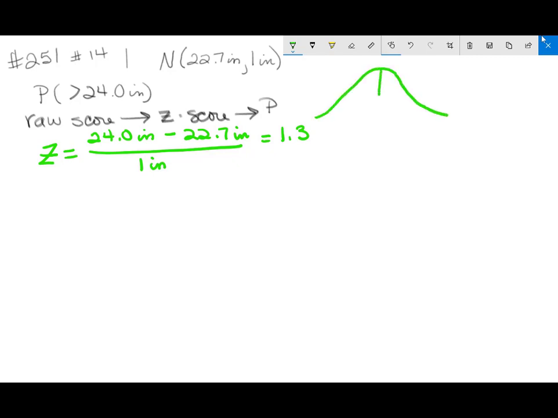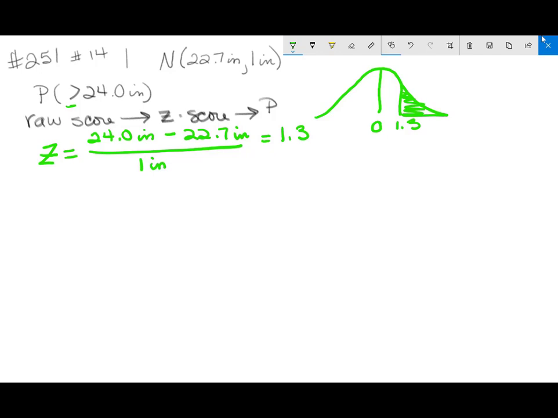Now I'm going to draw my distribution. For the z-score, the mean is 0, and 1.3 is going to be above that. They wanted to know greater than, so I want the area above 1.3. I'm going to go to the table simply because I have it handy here.